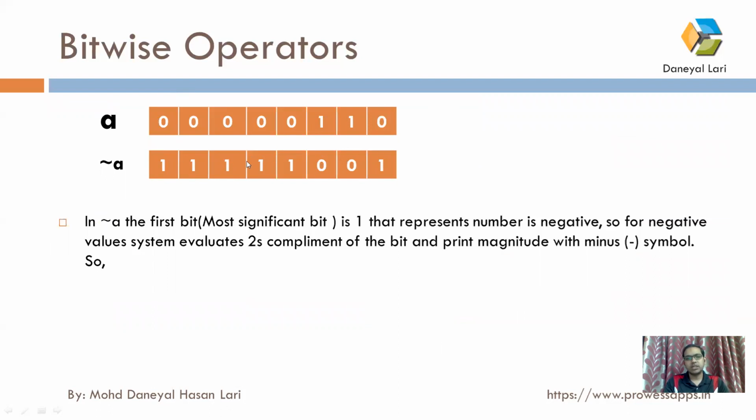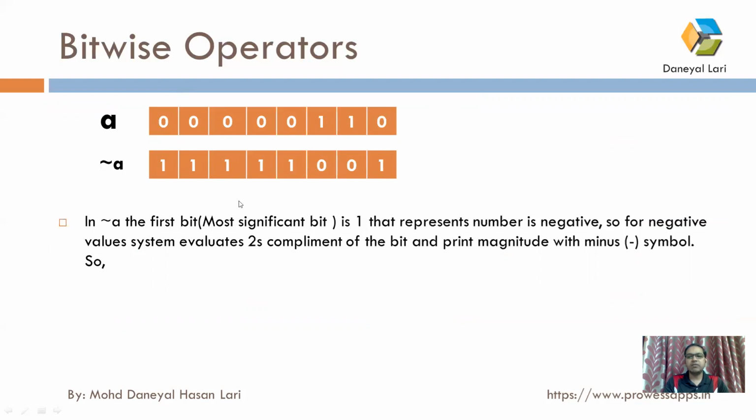Now just understand this. In NOT A, the first bit, the most significant bit, is 1. That represents that the number is negative. We know that 0 represents a positive number and 1 represents a negative number. So this represents a negative number.